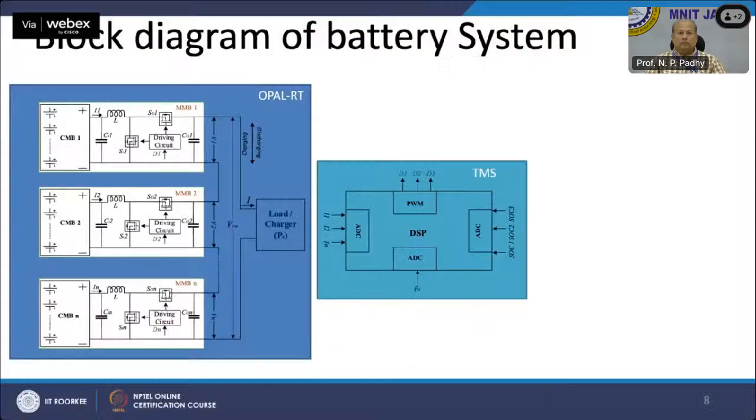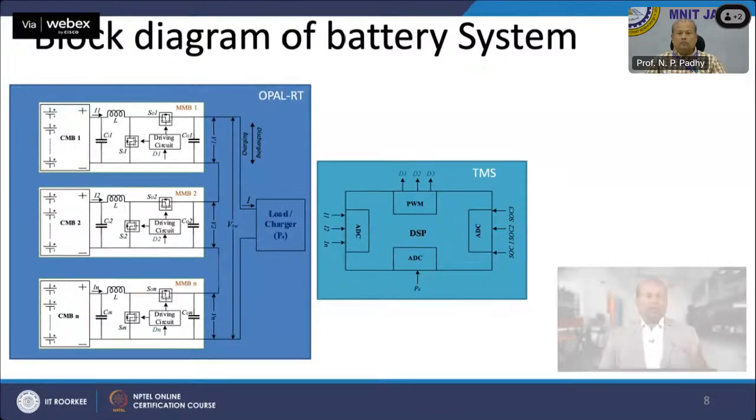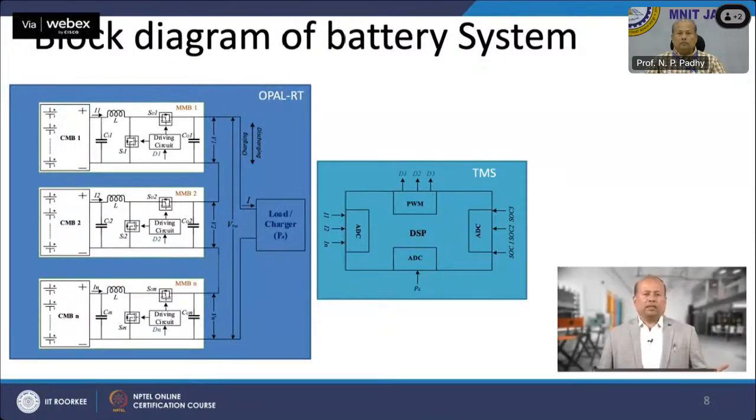Now, we can look into the complete block diagram of the battery system within OPAL-RT. This is the block diagram of the battery storage system connected to a DC bus, and from the diagram we can observe the 3 battery modules connected to a load or charger.